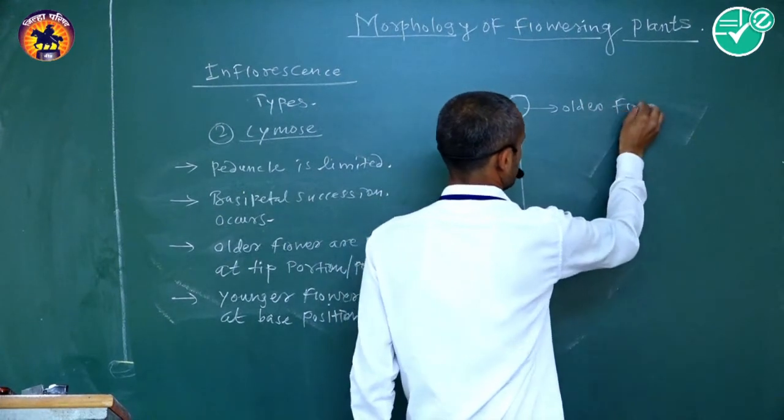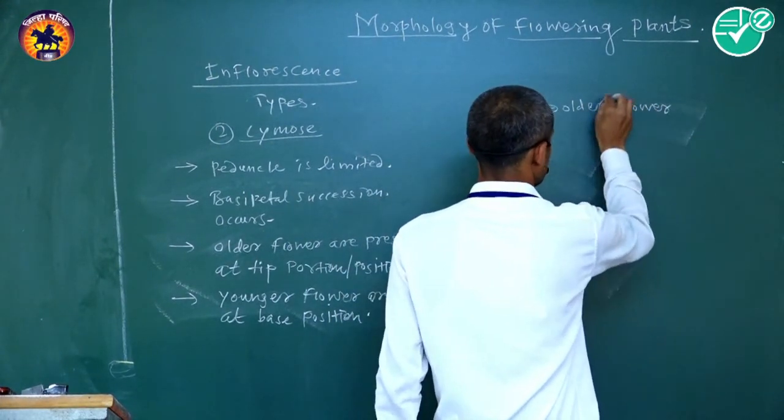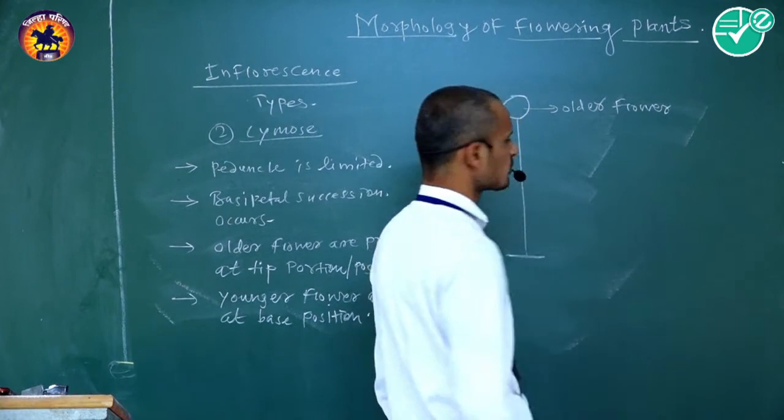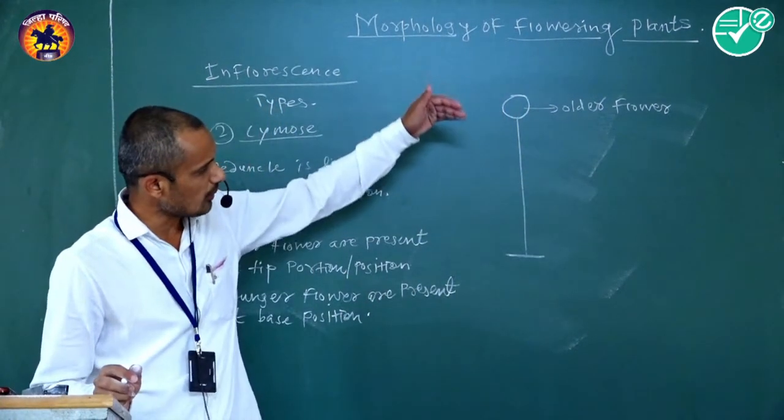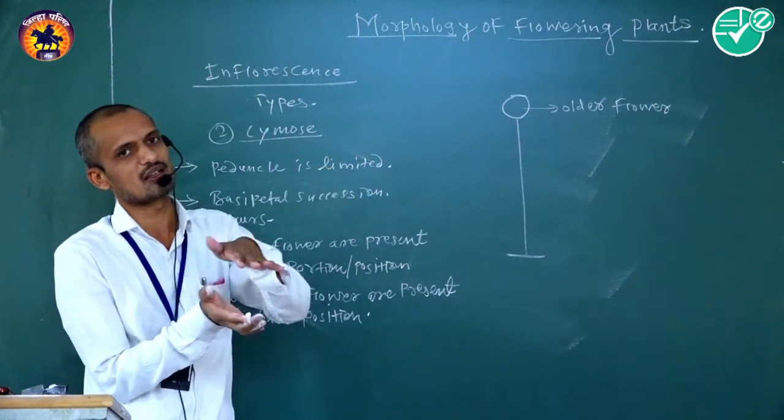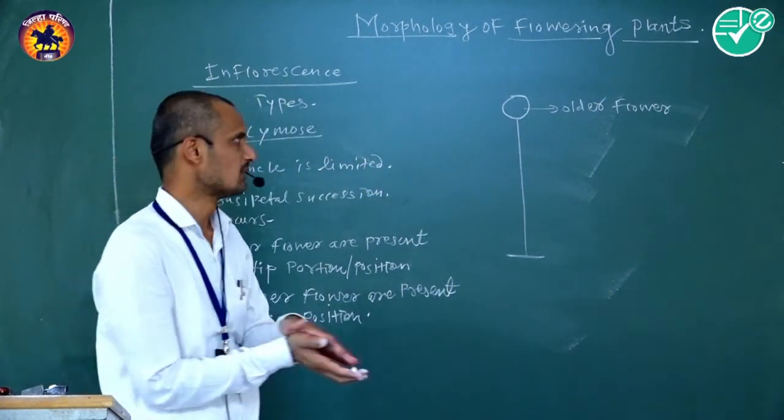Due to the presence of older flowers at the tip portion, the growth of the peduncle becomes limited in nature.